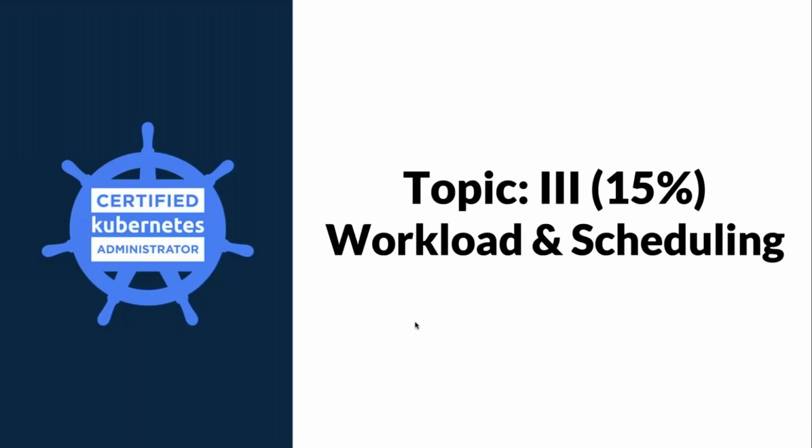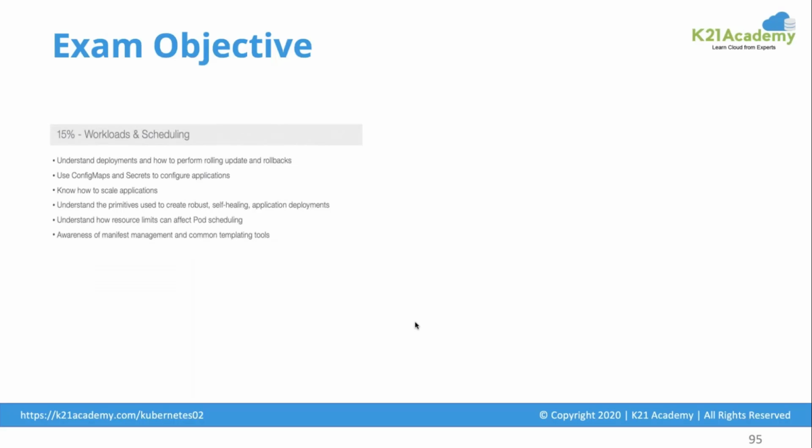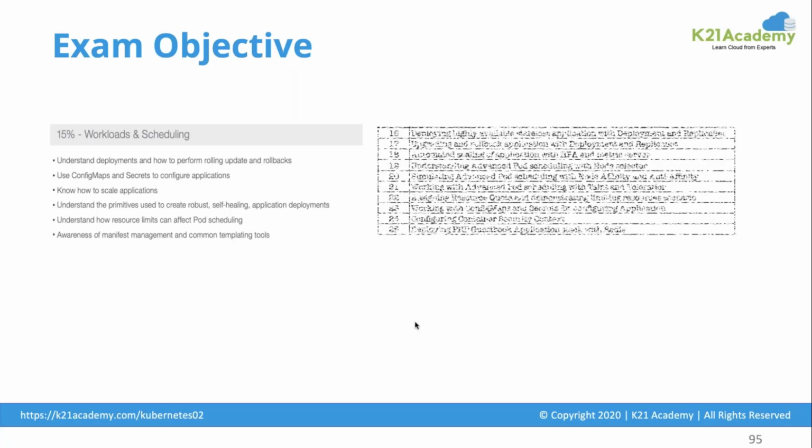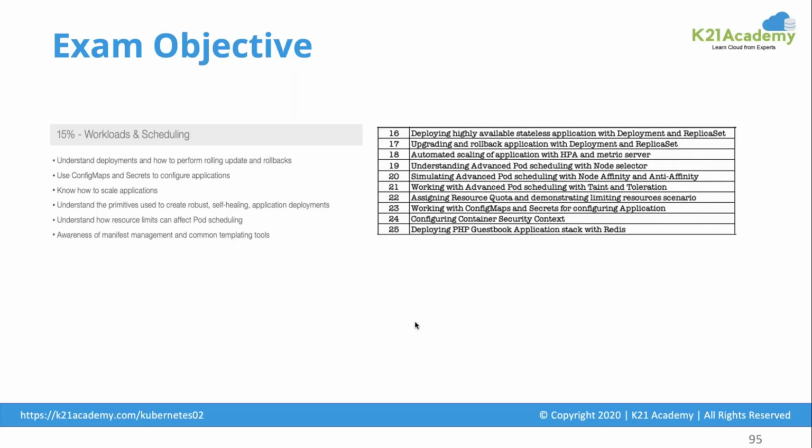The next topic would be workloads and scheduling. If you know how to run your application, you should know how to perform updates on your application. You should know how to roll back your application. You should know how to have a self-healing type of application. You should understand how many resources your pod should ask for. So we have topics associated with that, very concentrated on those actions which are expected in the exam.